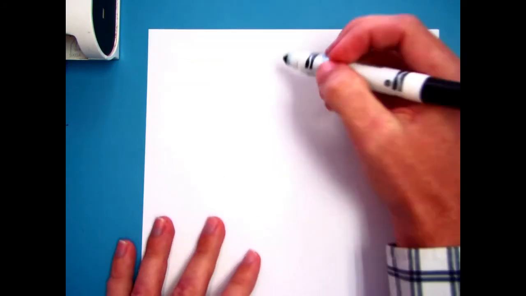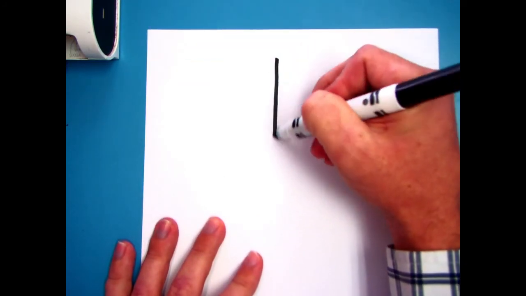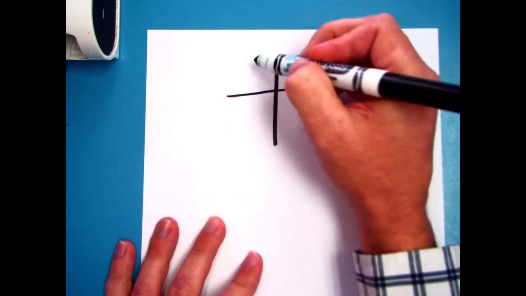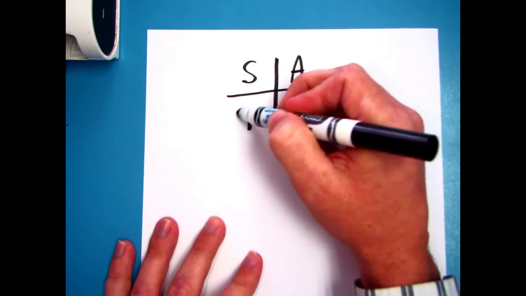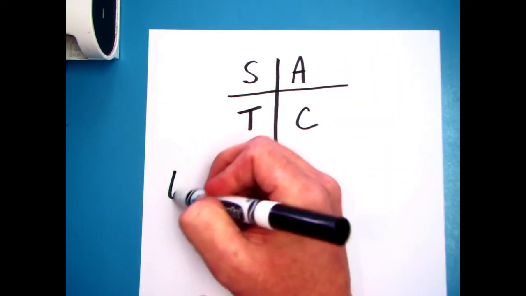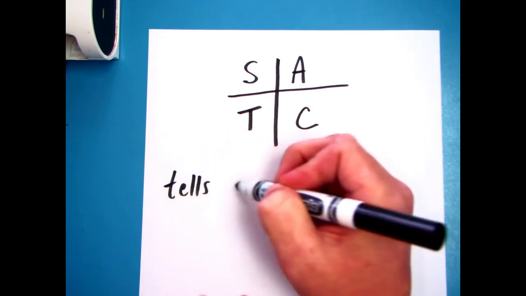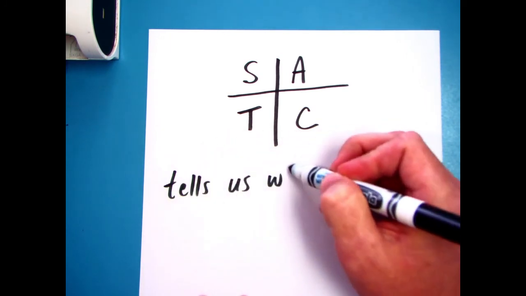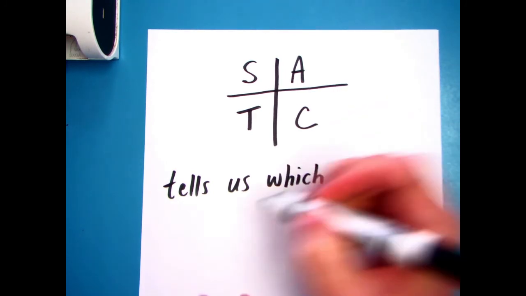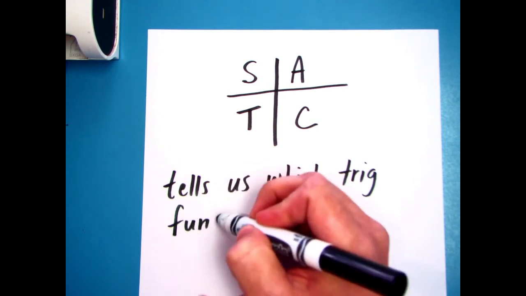So to help us with positive and negative answers, let's use a mnemonic. If you have your XY axis here, I'm going to fill in quadrants 1, 2, 3, and 4 with A S T C. What these letters represent, they tell us which trig functions are positive in which quadrants.